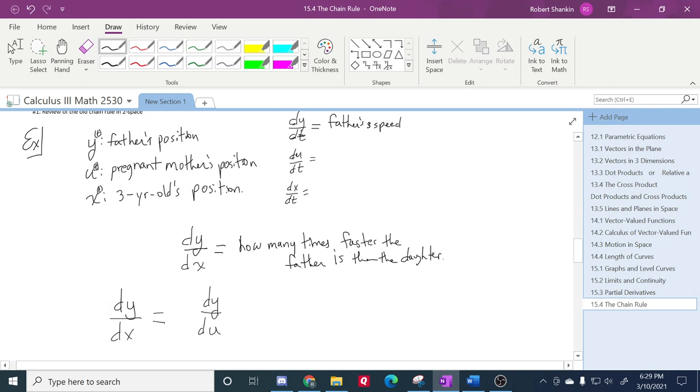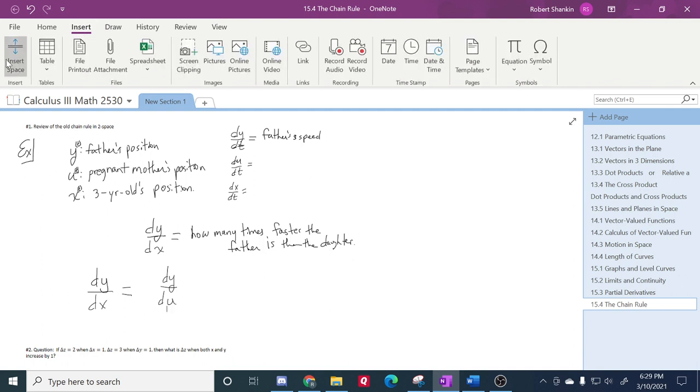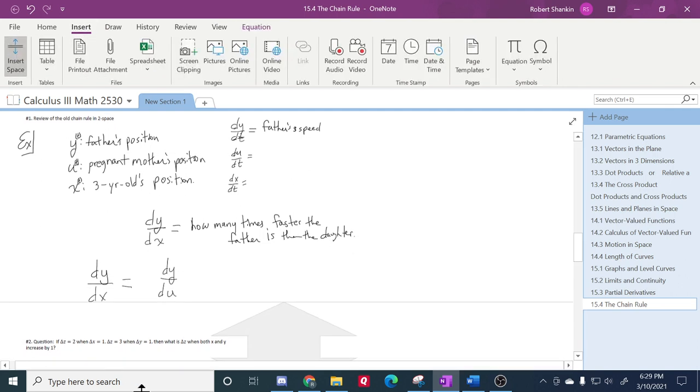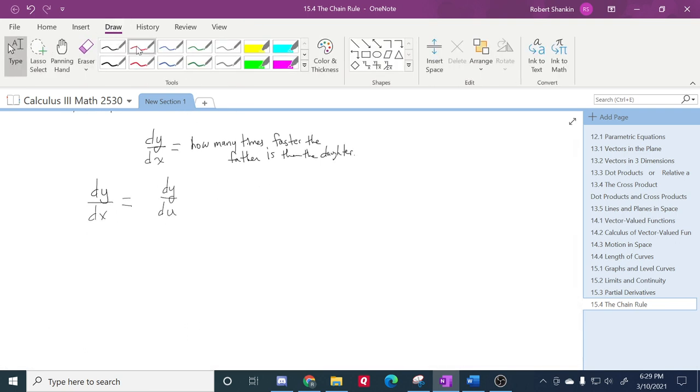This would be how many times faster the dad is than the pregnant mom. Suppose this turns out to be 2.